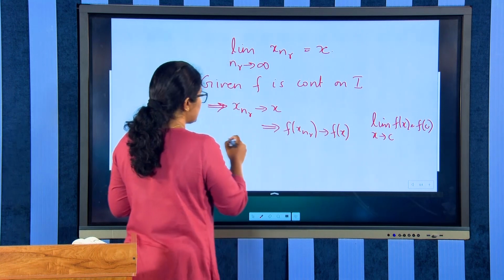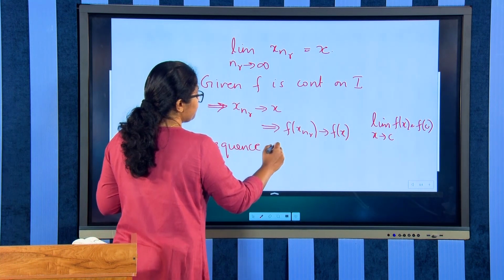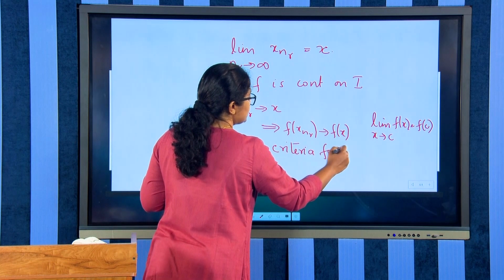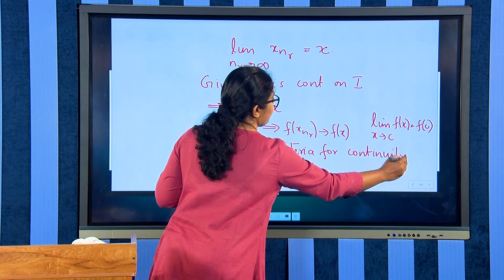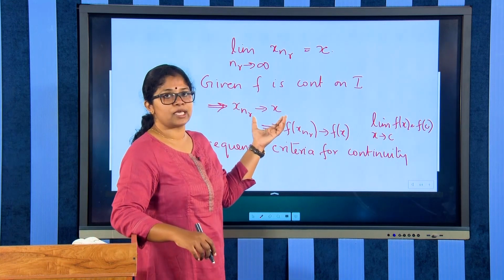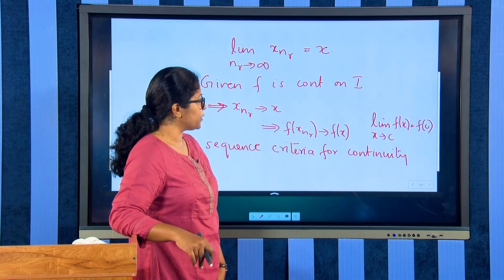This is called the sequential criteria for continuity. That actually follows from the definition of limit of a sequence, and using the concept of continuity we have this.